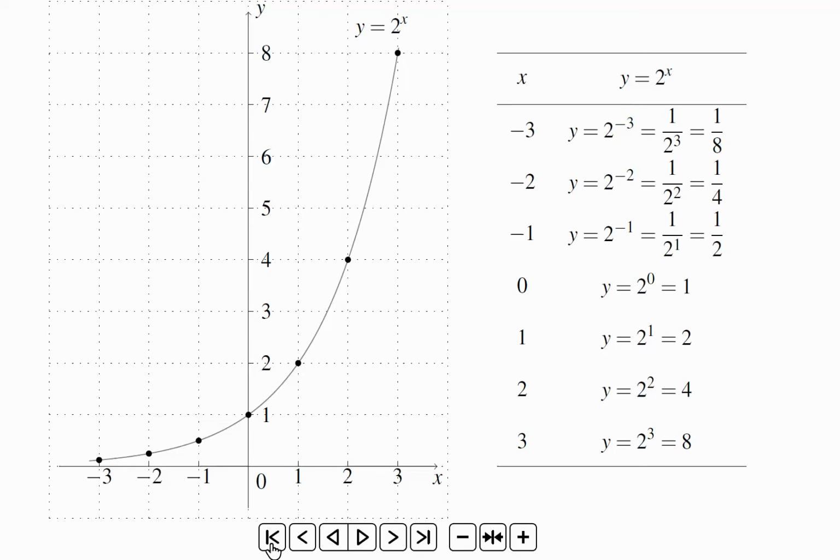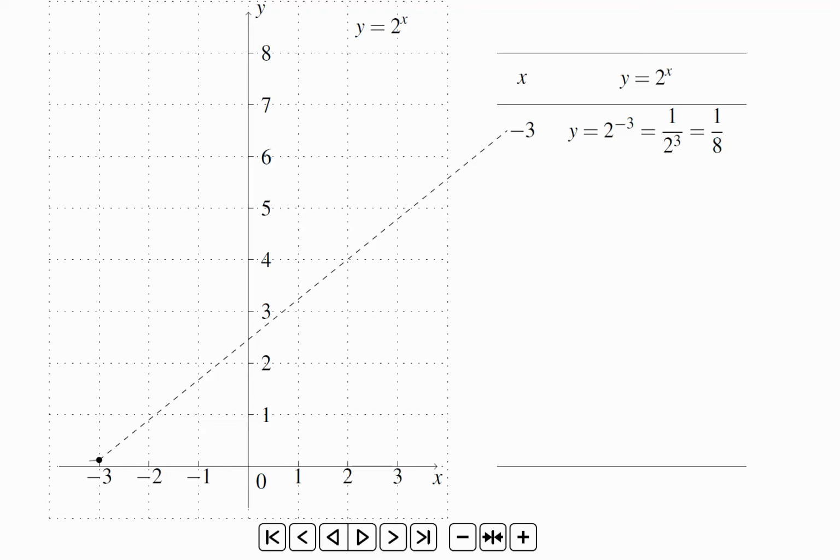Let's look at this graph frame by frame. When x equals -3, we get y equals 2 to the -3, which is 1/2 cubed, which is 1/8.